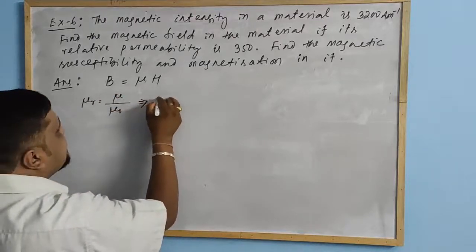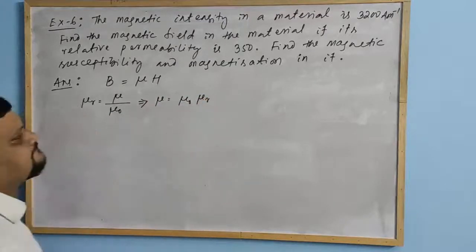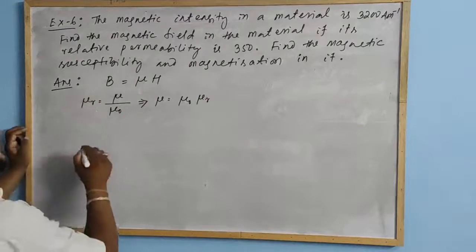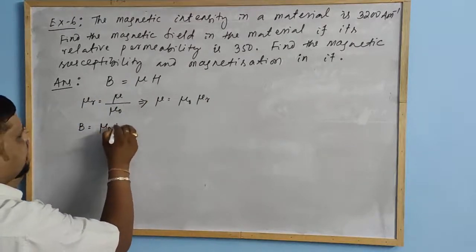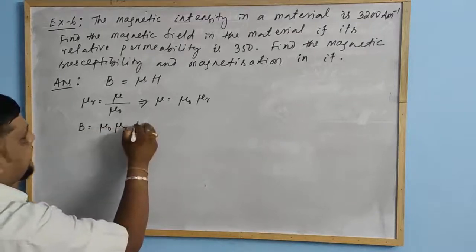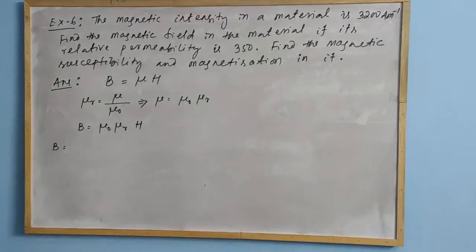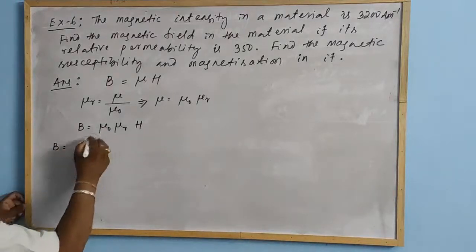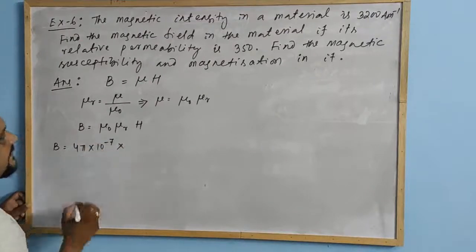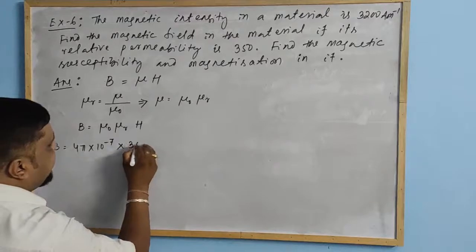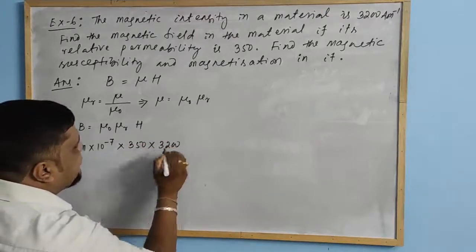This implies mu is equal to mu naught into mu R. So B is equal to mu naught into mu R into H. Putting in the values, B is equal to mu naught 4 pi into 10 to the power minus 7, mu R 350, H 3200, all in SI, right?